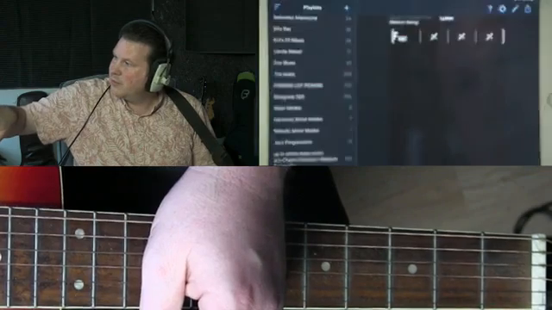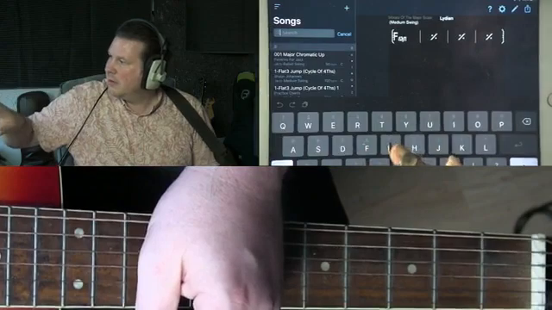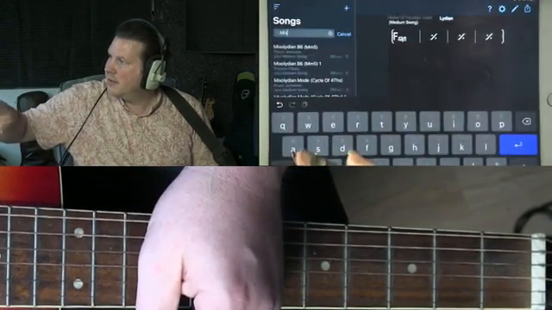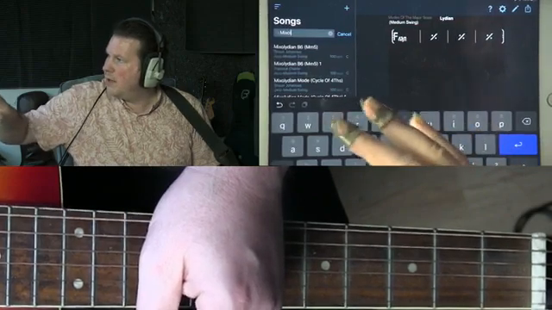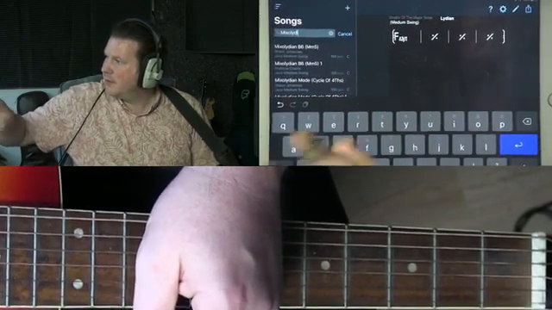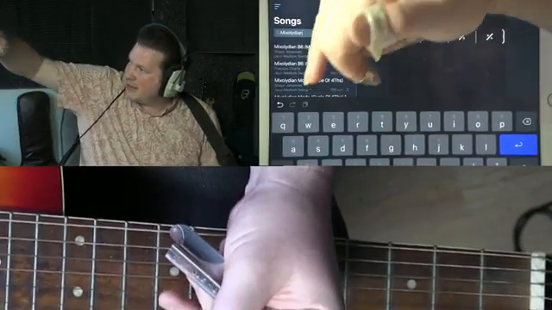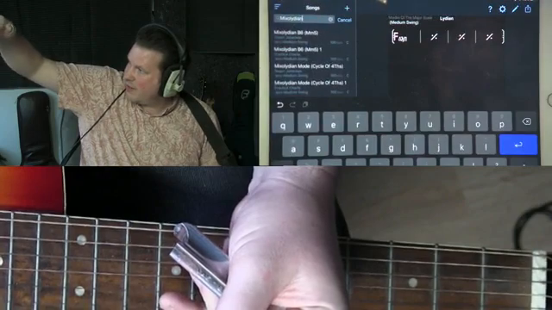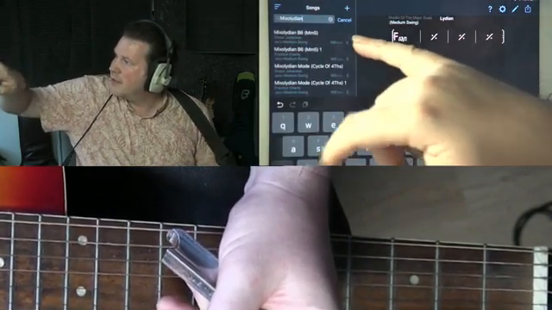So in this one, I can go to songs and go M-I-X-O-L-Y-I-A-N. And here's all the different Mixolydian types of scales charts that we've got there, but those are not the ones that I programmed. Maybe I spelt it differently.